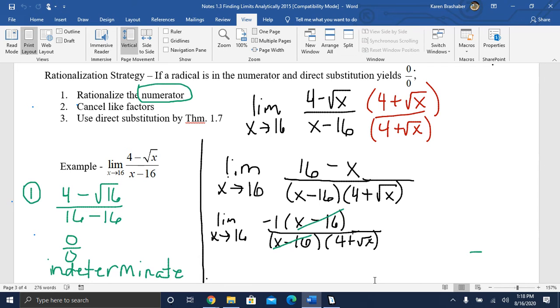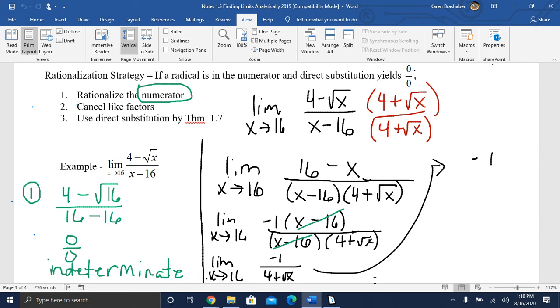Once again, we're doing all this algebra, but we have not yet done the limit. So continue to use your limit notation. The limit as x approaches 16, but now our fraction is simplified to negative 1 over 4 plus the square root of x. At this point, now we are ready to do the limit by making our substitution once again.